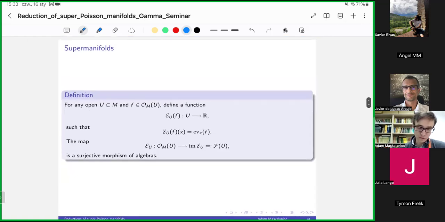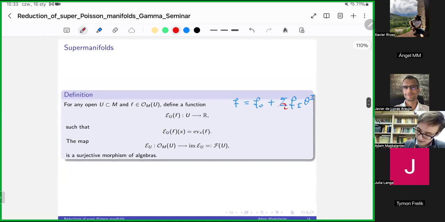So as you maybe guessed already, if we are given any superfunction f of the form f0 plus the sum of fI times theta I, then we may cancel the nilpotent part and obtain a smooth function on M. And this is done completely invariantly, without using any coordinates, using these evaluation morphisms.